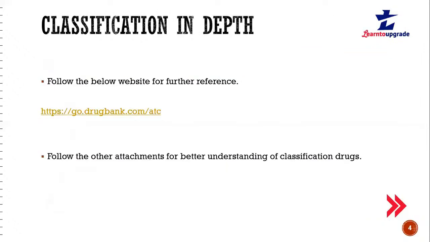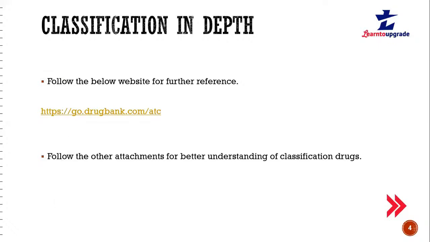There is one particular link I have provided here. You can go directly to this link, or you can type it in. This is related to a Canadian website, and on the basis of this classification, they have classified all the medications into various sub levels as per the WHO ATC category.